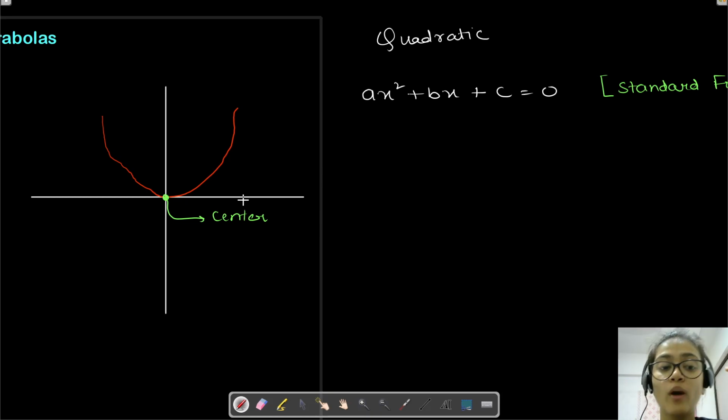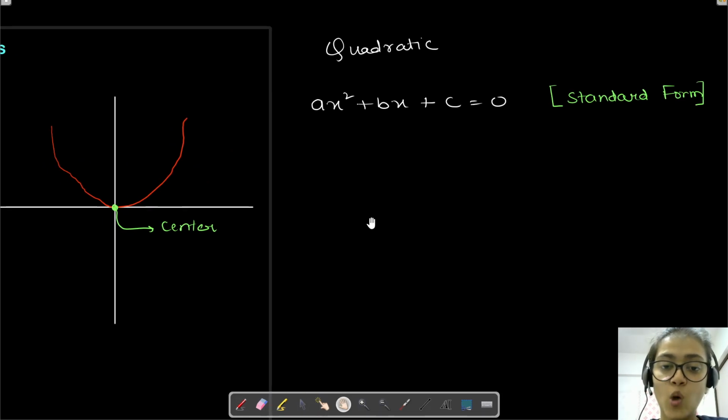Now if I ask you what are the coordinates of the center of this parabola, and the equation of the parabola is given to you, can you find that out just by looking at the equation? No, we cannot tell the coordinates of the center. This is also called the vertex of the parabola.